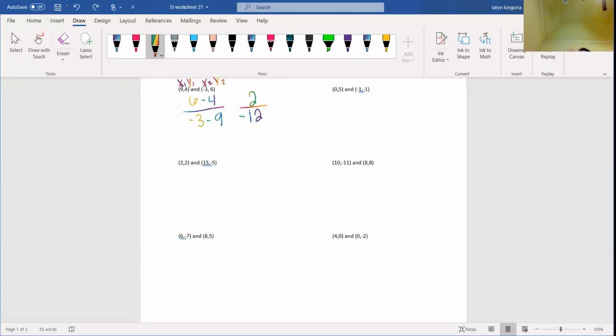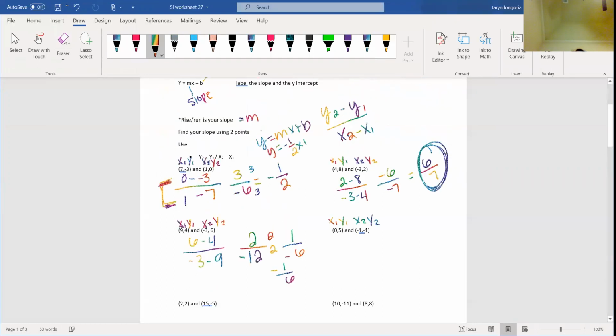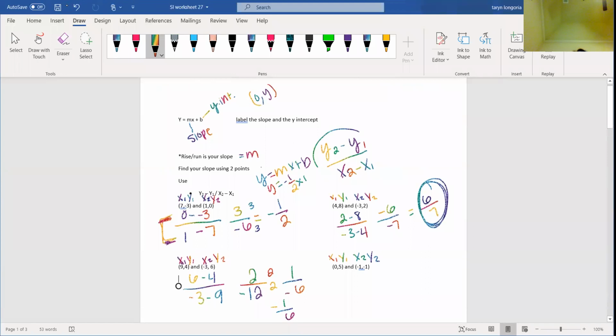So then that'll be 2's, and you'll get -1/6. We just keep doing that same process. Always remember this is what you're doing.